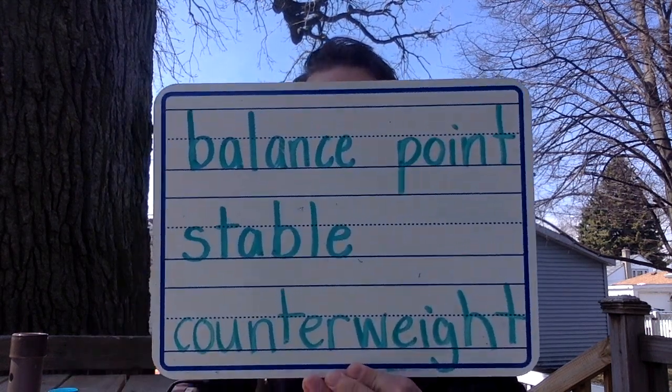I'm now going to give you about 30 seconds to think about what you know about those 3 words. Think about what you know about the balance point, a stable position, and the use of counterweights. Take some time now to think about what you know about those 3 words.